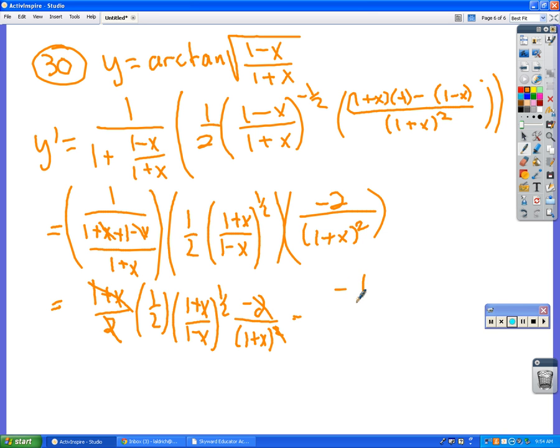It's going to be negative 1 over, I still have this 2 down here. This 1/2 will reduce that by a 1/2. So it will be 1 minus x to the 1/2 times 1 plus x to the 1/2. And I think that's as far as we can go here. So that's a little bit of simplifying there.